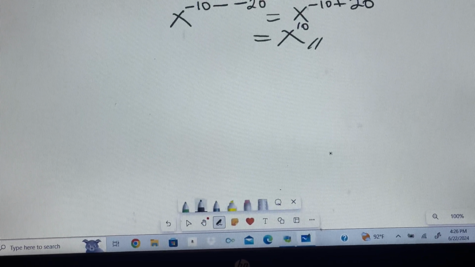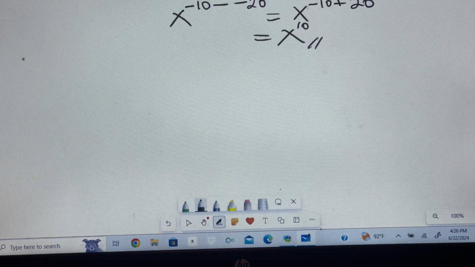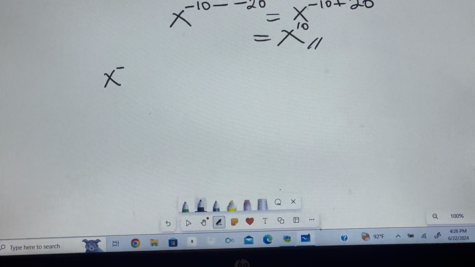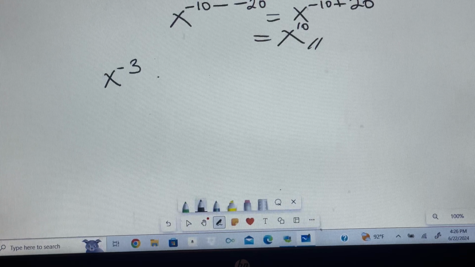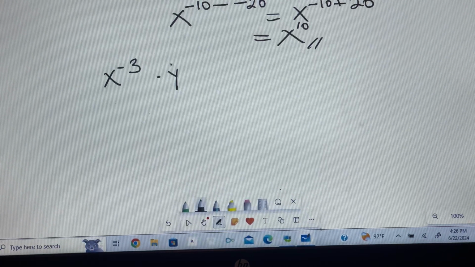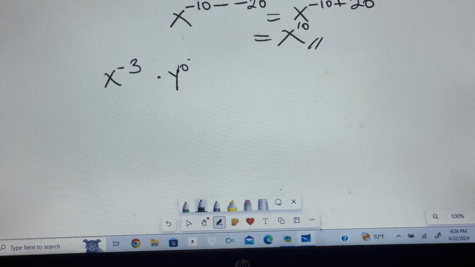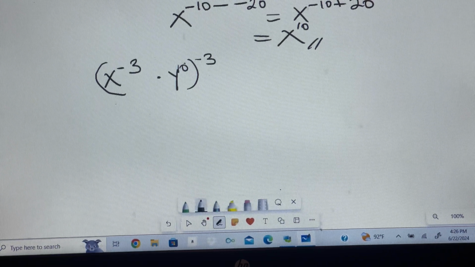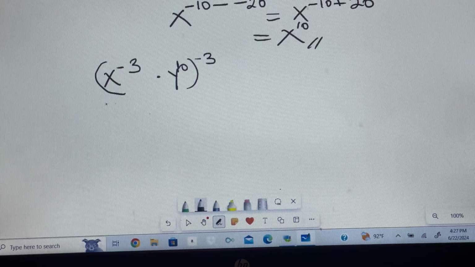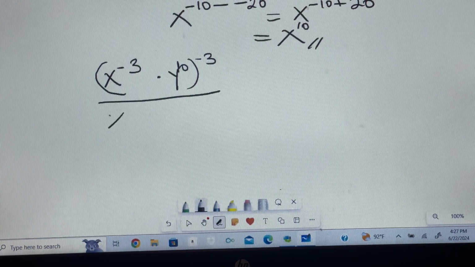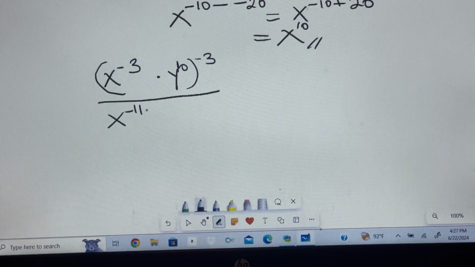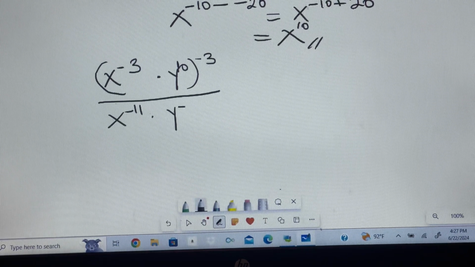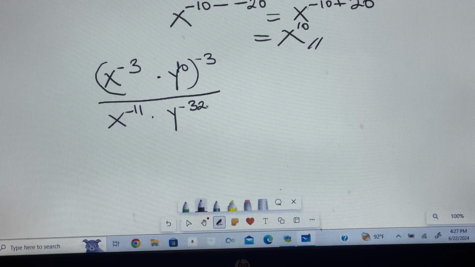I'm gonna give another example. If you're given something like x to the power of negative 3 multiplied by y to the power of 10, all raised to the power of negative 3, all over x to the power of negative 11 multiplied by y to the power of negative 32.